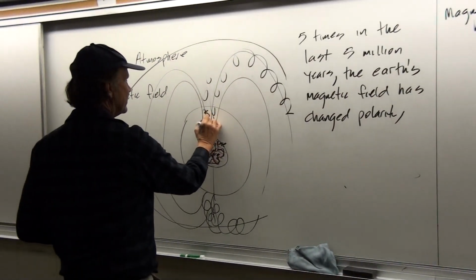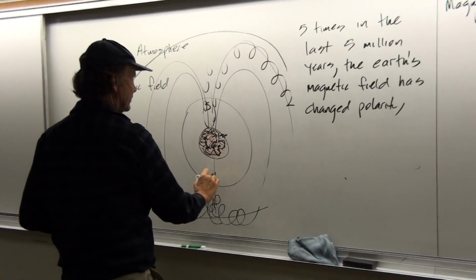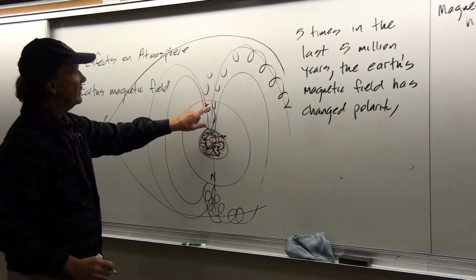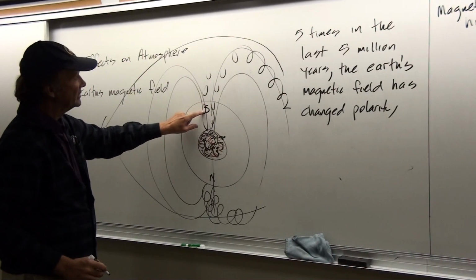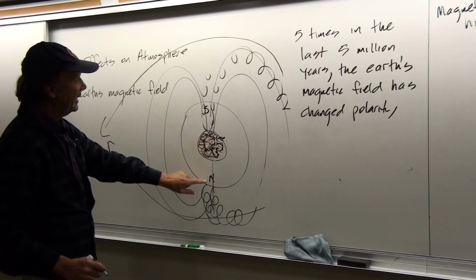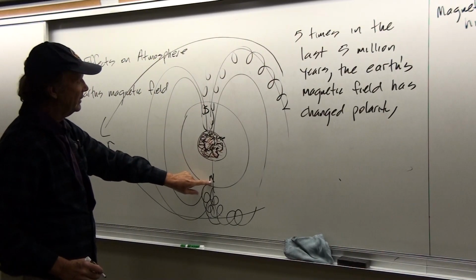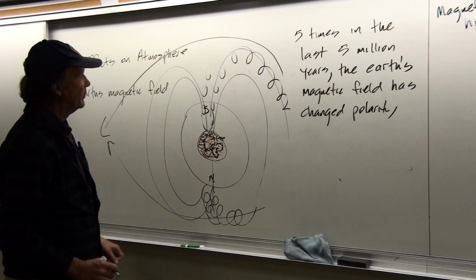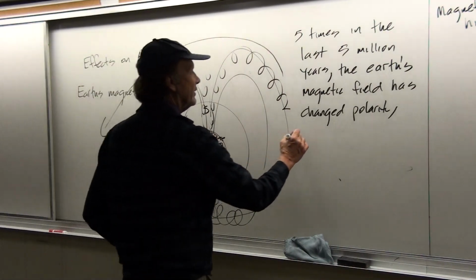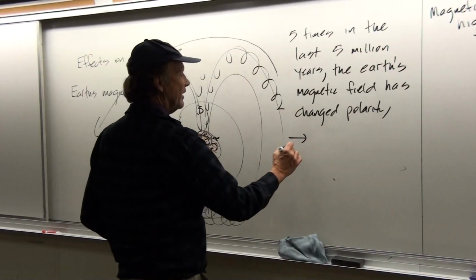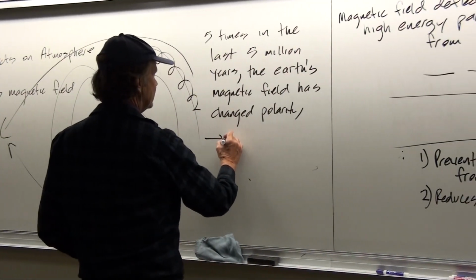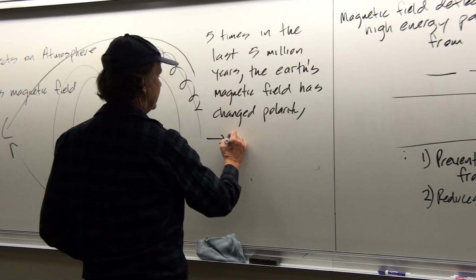Meaning that right now, this is the south pole of a bar magnet, and this is the north pole. Where this is the north geographic pole, but it's the south pole of a bar magnet. And the south geographic pole is near the north pole of a bar magnet. But when this change in polarity happens, it often takes a few tens of thousands of years to complete.